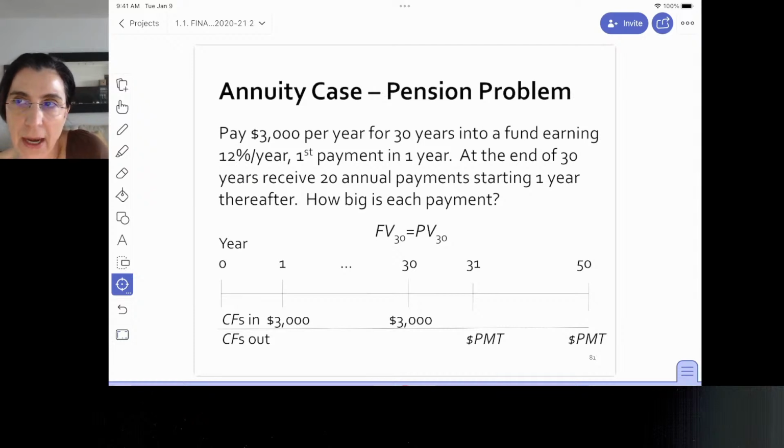Now this 12% number is rather high, but what it's capturing is that historically, over the last 80 or more years, if you take that data on the stock market, investors who invested in a diversified portfolio of stocks in the stock market, on average, over those years, earned about 12% per year.